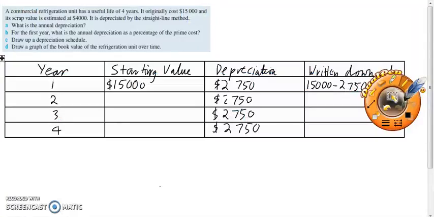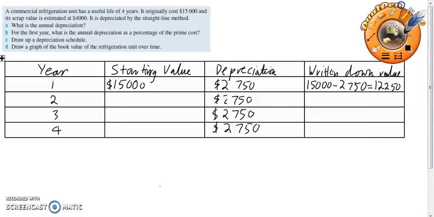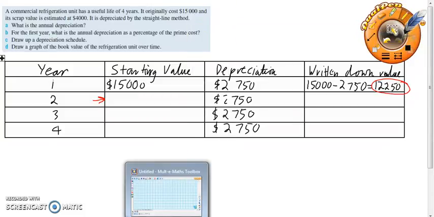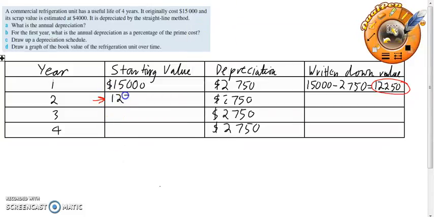What it is worth at the end of the year is what it starts its value at the next year. So, what we do is, this value here gets written down here. So we can write in 12,250. And it'll be the same thing when we get to the end.